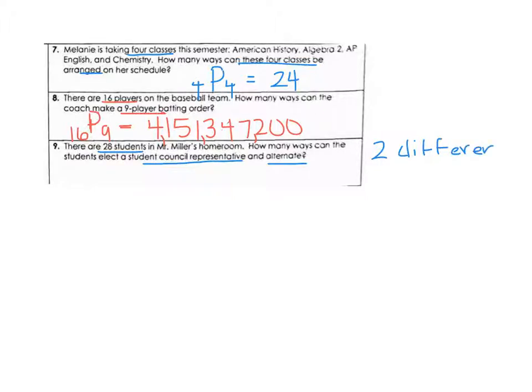The representative probably needs to do more work than the alternate does. So order matters here because your role will be different. So this is a permutation always when you see 2 different jobs. So we have 28 people, and we're lining up only 2 of them because there's 2 different jobs, which is 756. Okay, if you have questions, please ask.